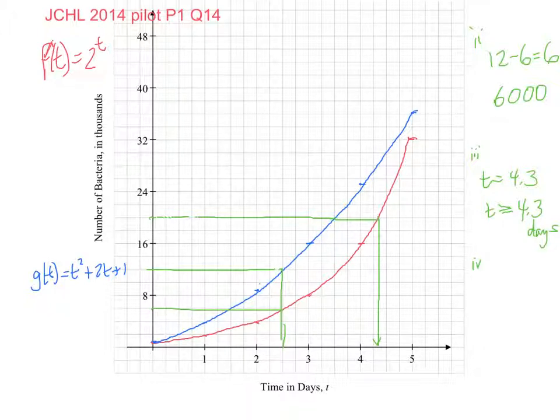The next part, by extending your graphs, estimate the value of t other than t equals 0. They're talking about other than this point here where there's an intersection, where else is the number of bacteria predicted by Paul and by Marie going to be the same? So what they're asking us to do is extend the graph beyond what we have already.